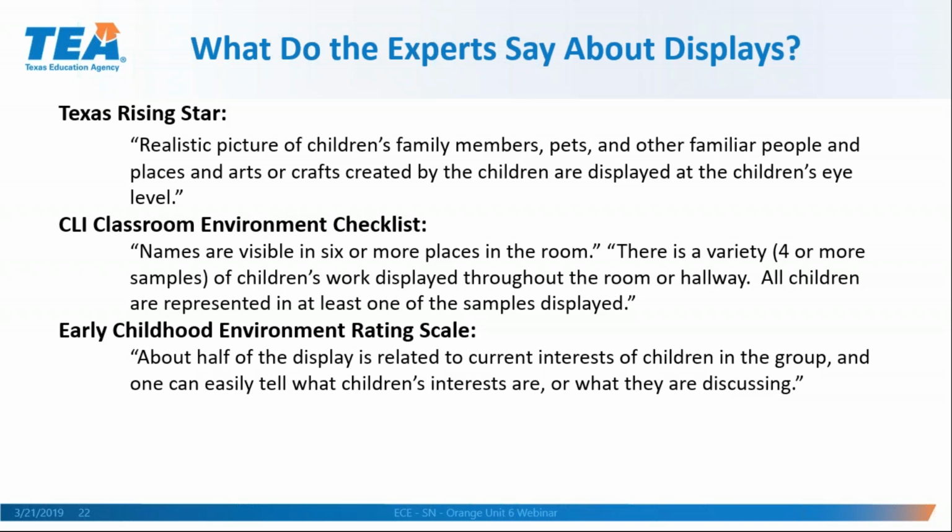Do you remember back a little ways that we were talking about when you walk into the classroom, you should be able to tell what the kids are learning about? Bingo. That's exactly what that says. They say, though, half of the displays in the classroom should be related to that directly.